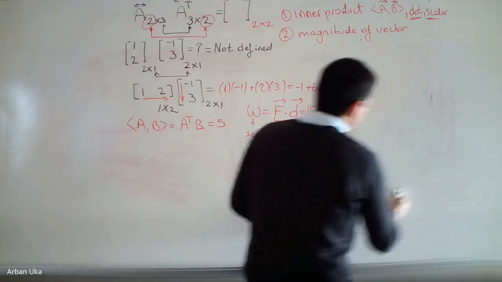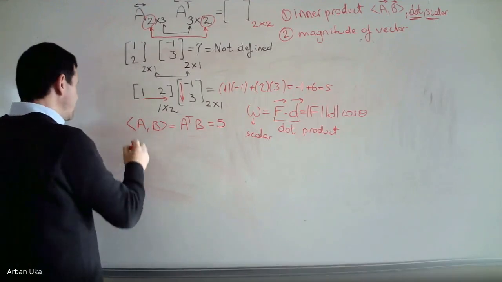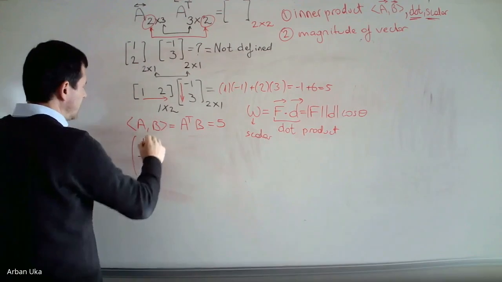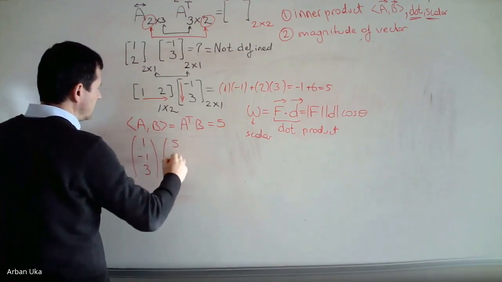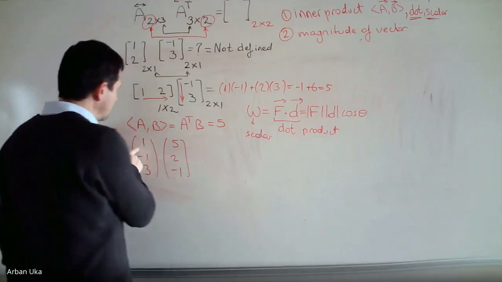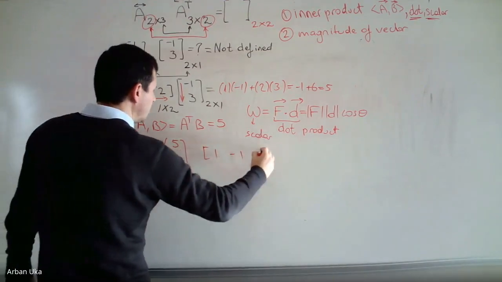Now, this is the inner product between any two vectors. We can also define the inner product between, let's say, the vector 1, minus 1, 3, and another vector 5, 2, minus 1. So what is the inner product between these? We take the transpose of the first one, which would be 1, minus 1, 3.